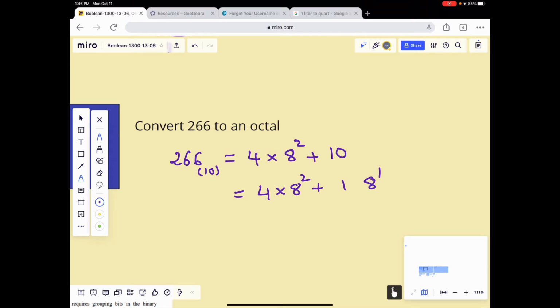You get 1 times 8 to the power of 1, and plus 2 times 8 to the power of 0. So in this case, you got 4, 1, and 2. 4, 1, 2 is the answer for 266 decimal.